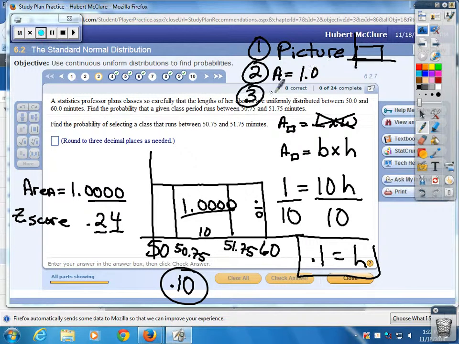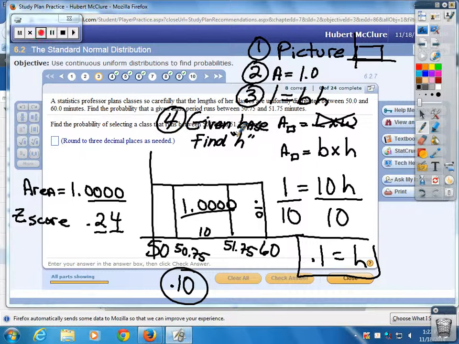Therefore, number 3, 1 is equal to base times the height. 4, given the base, which you will be given, find the height. And then 5, find new base and calculate new area.